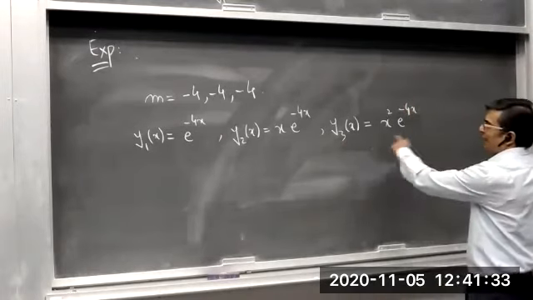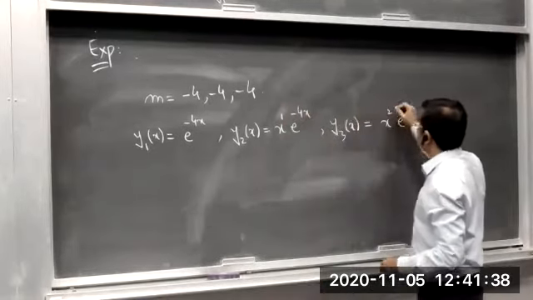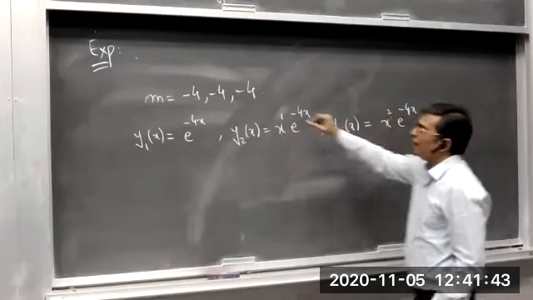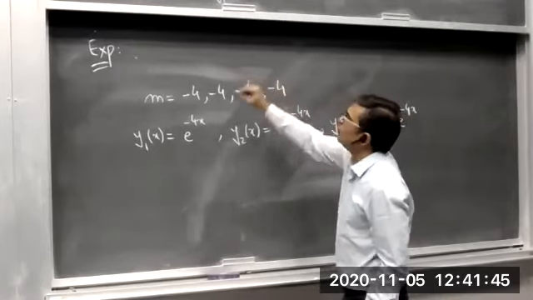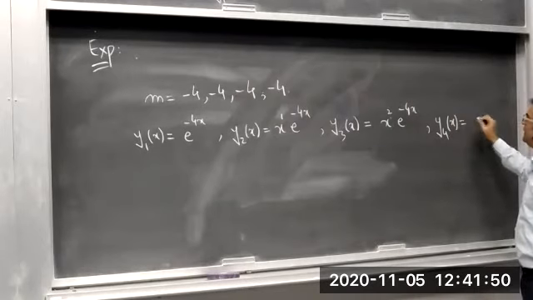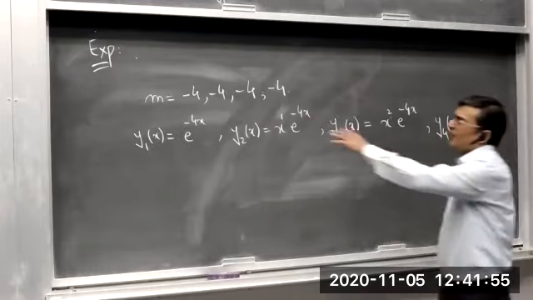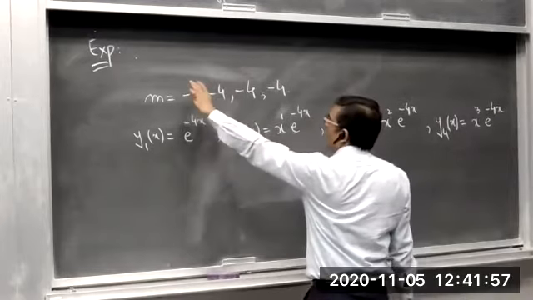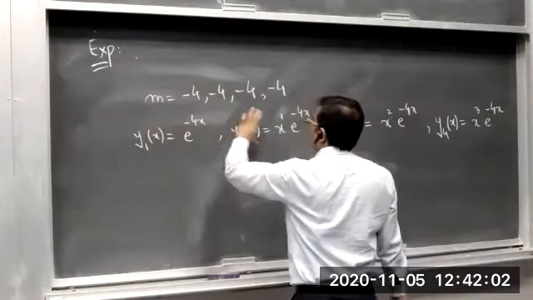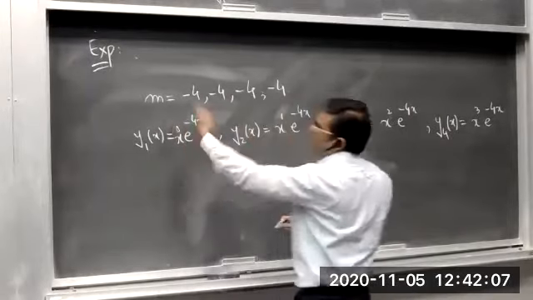So what we are basically doing here, we are increasing the power of x. Here we have x power 1, here we have x power 2. If we have another minus 4, means the root is repeated 4 times, then the fourth solution will be what? It will be x cube e raised power minus 4x. So the number of repetitions of these roots tells us basically y1, y2, and so on. Here in fact x power 0 is there because it's a linearly independent solution.